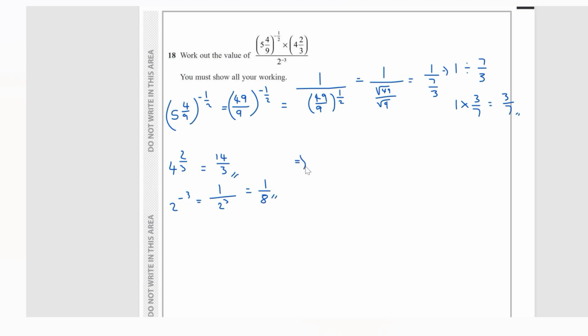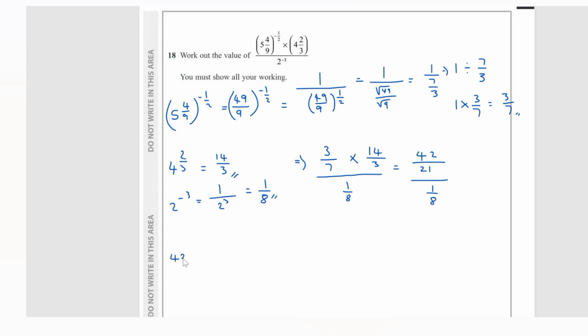So if we rewrite this, we will have 3 over 7 multiplied by 14 over 3 divided by 1 over 8. Now let's multiply the numerator first. So 3 times 14 will give us 42 over 21 divided by 1 over 8.